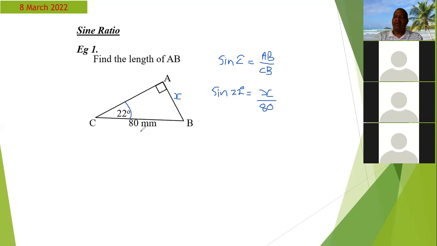Now, for simplicity, we don't put our millimeters in our calculation, but when we get our answer, we write in the millimeter to show the unit we are measuring in. So in this case, our unit would be millimeters.